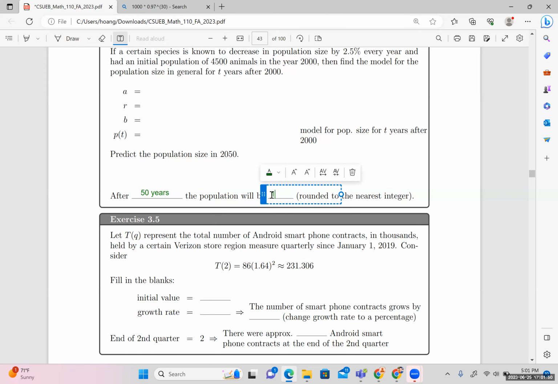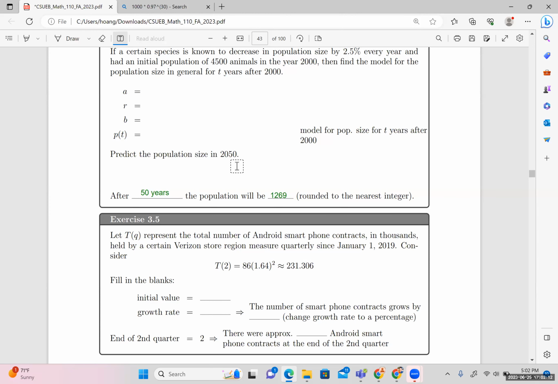I write 1269, because it's rounded to the nearest integer only.